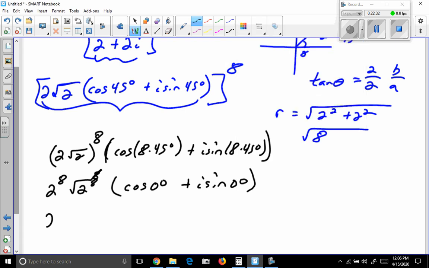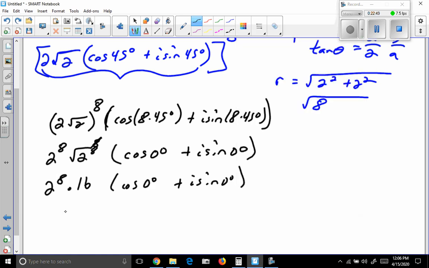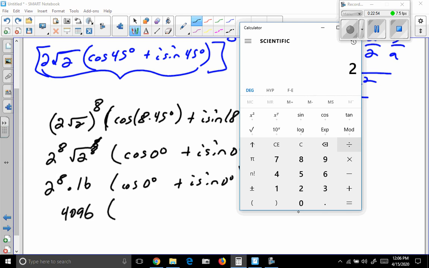So we have 2 to the 8th times 16, and 2 to the 8th times 16 is 4,096. It might be that your calculator will let you type 2 times the square root of 2, and then take that and raise it to the 8th power, and give it to you. So regardless, when we do 2 root 2 to the 8th power, we get 4,096.